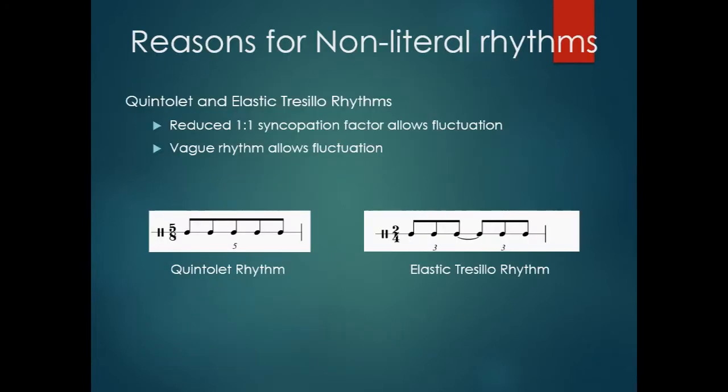So reasons for this non-literal rhythm of the cantillet and last tercio rhythm is that the reduced rhythm allows fluctuation, and the vagueness of the transcription allows fluctuation.